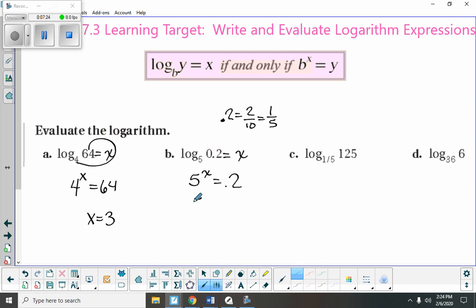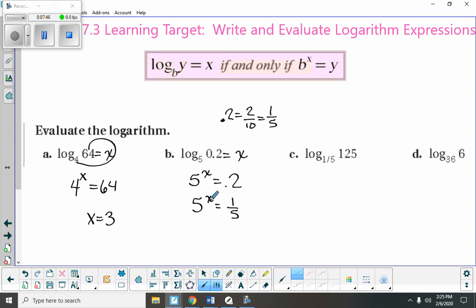So let's rewrite that. Now we see we have a base of 5, and 1/5 could be written this way. I'm going to back up just a hair. There's another way to do this problem, but we'll stick with what we were doing in the first one.